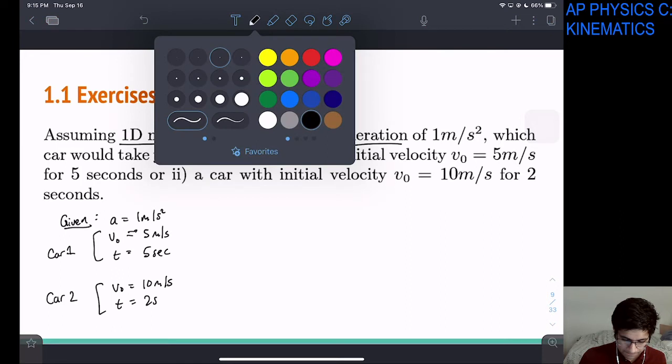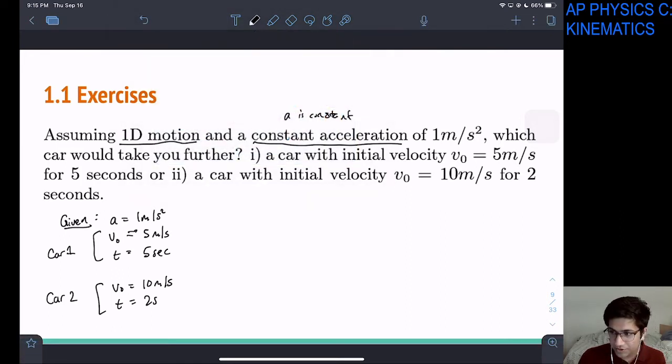All right, what equation are we using here? We want to figure out which car will take you further. Now I'm thinking, what is this? This is our distance or displacement, because it's 1D motion with constant acceleration. So we want to find delta x, and we're given a, v, and t.